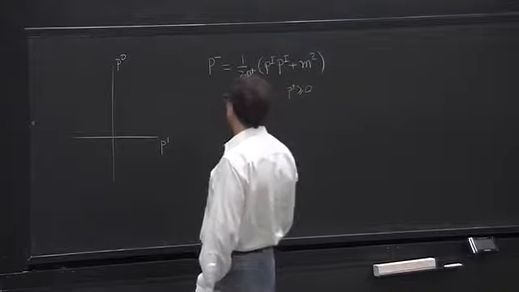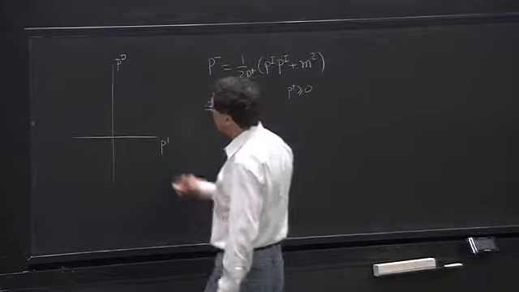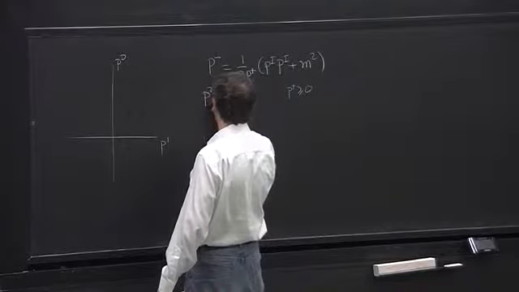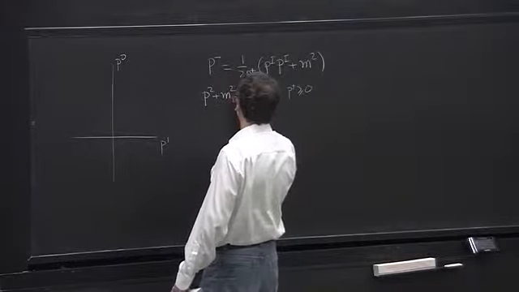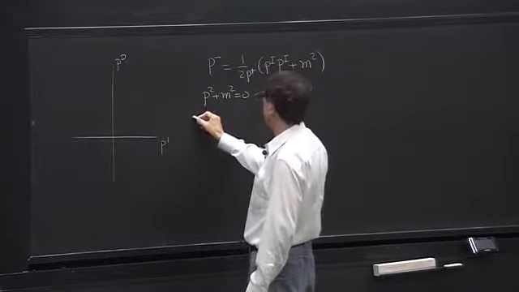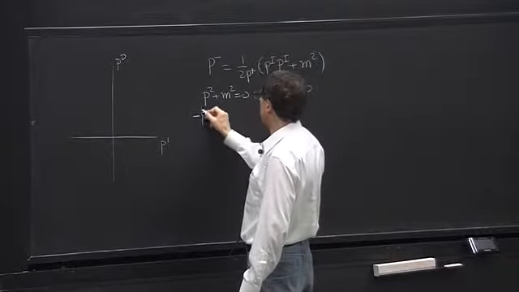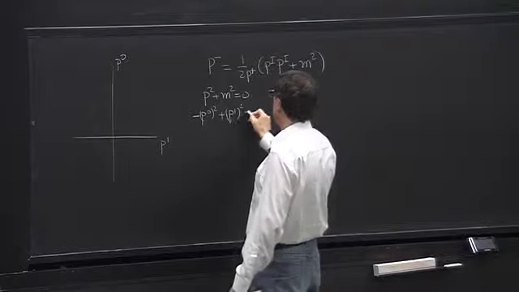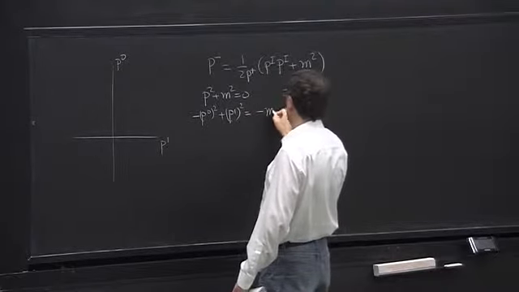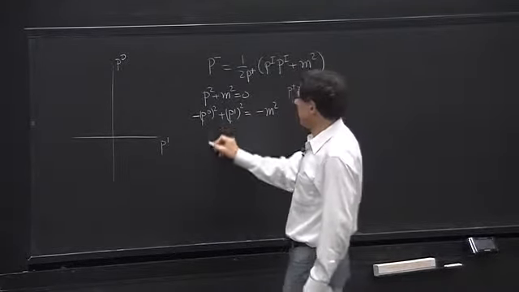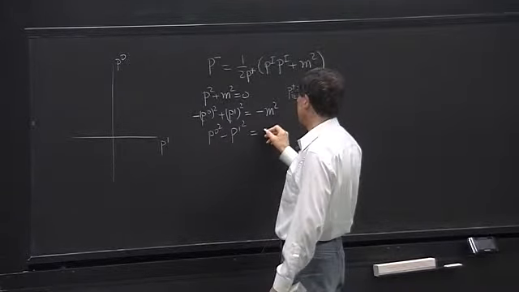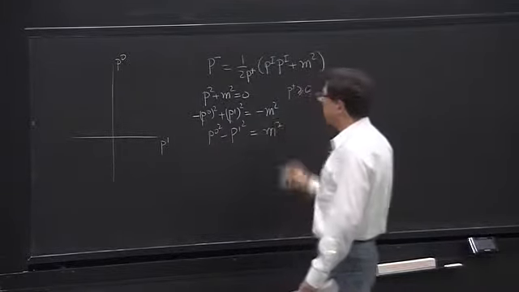And then the hyperboloid of solutions of the equation P squared plus M squared equals 0 is, well, minus P0 squared plus P1 squared is equal to minus M squared, or P0 squared minus P1 squared is equal to M squared.